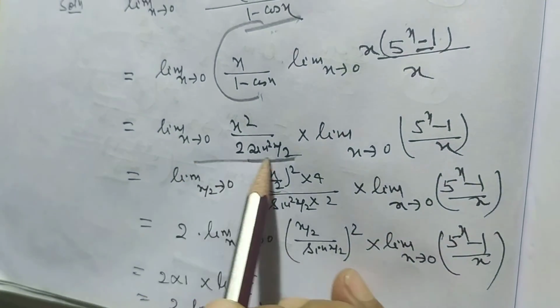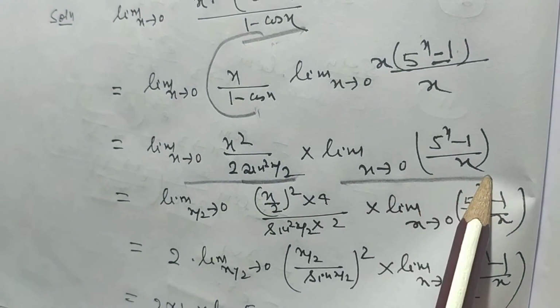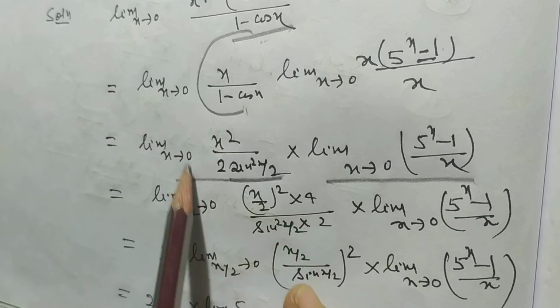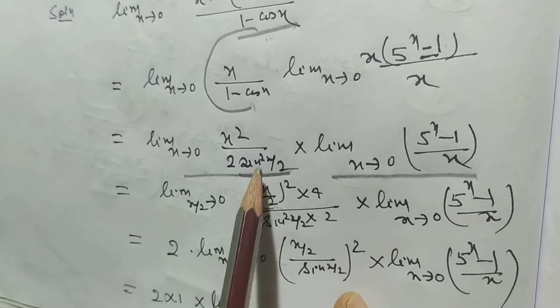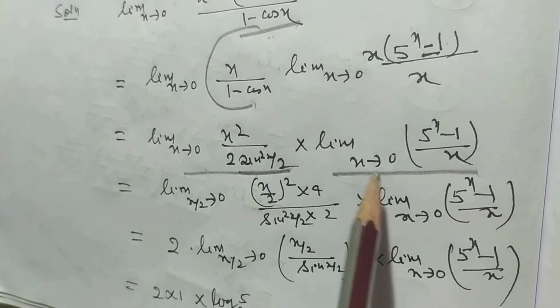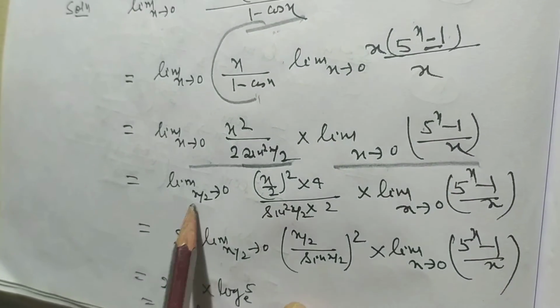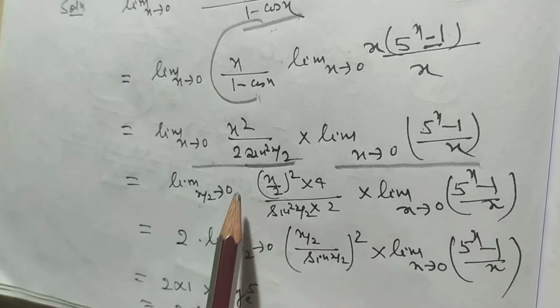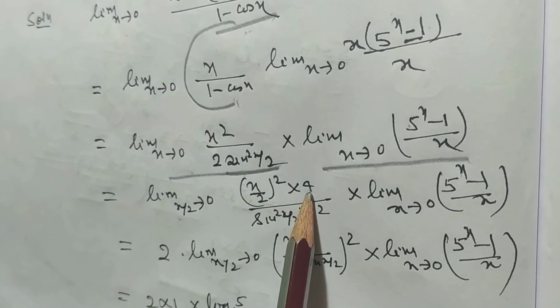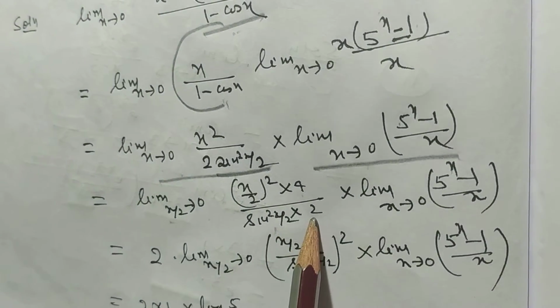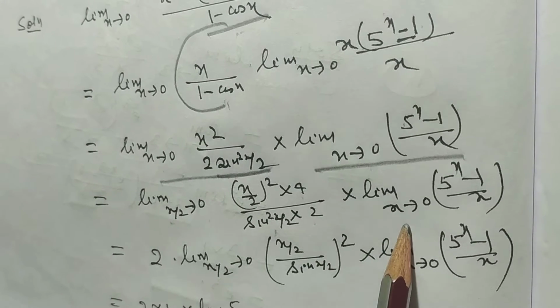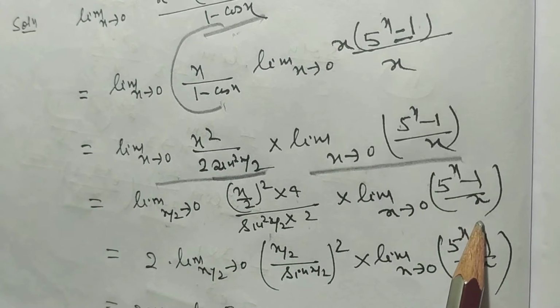So this is the product of two expressions. Limit x tends to 0, x squared by 2 sin square x by 2 into limit x tends to 0, 5 to the power x minus 1 by x. Limit x by 2 tends to 0, x by 2 whole square by 4 sin square x by 2, into 2, limit x tends to 0, 5 to the power x minus 1 by x.